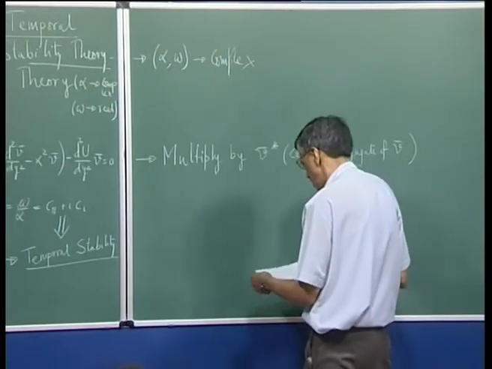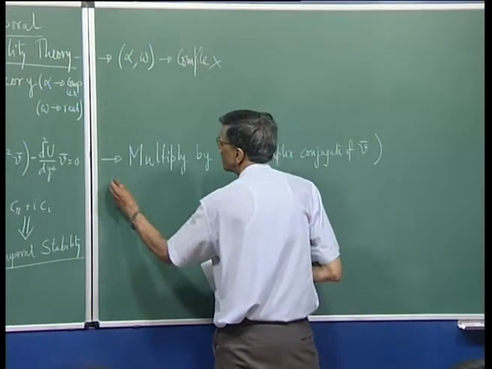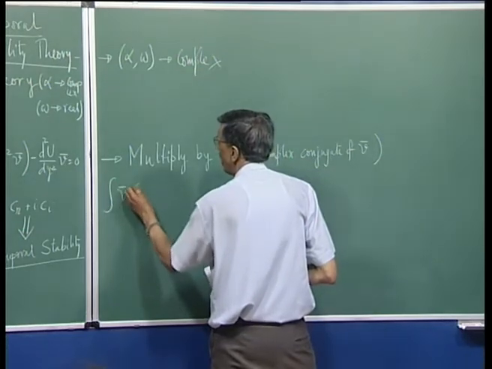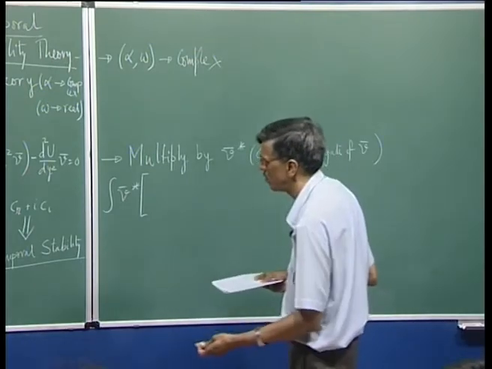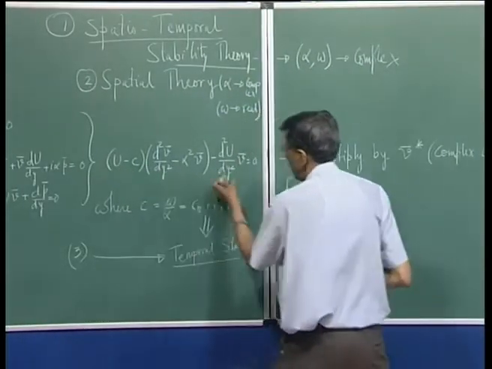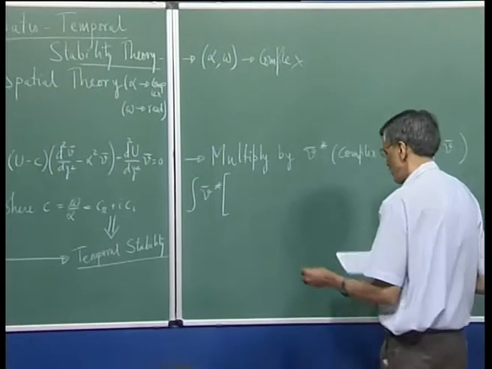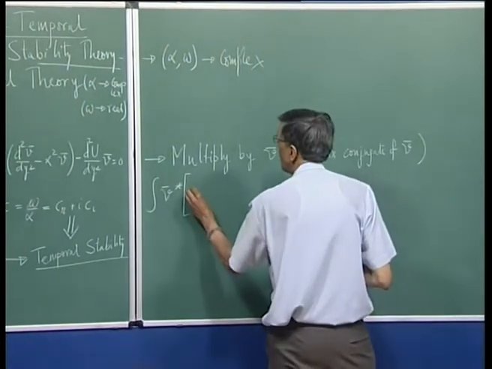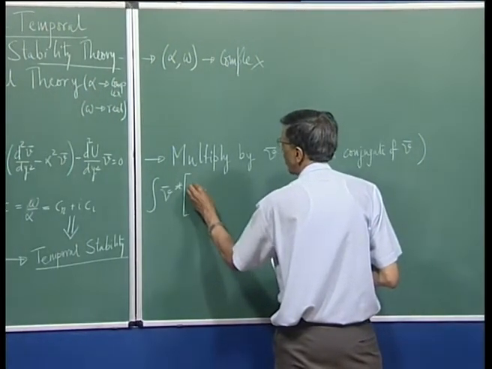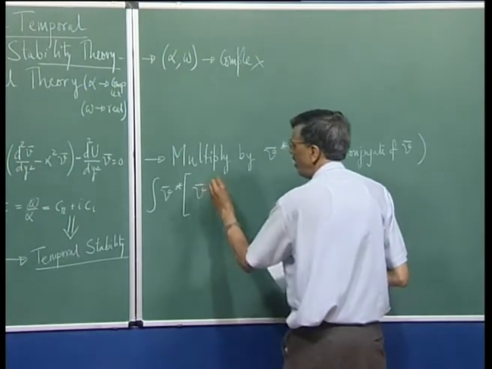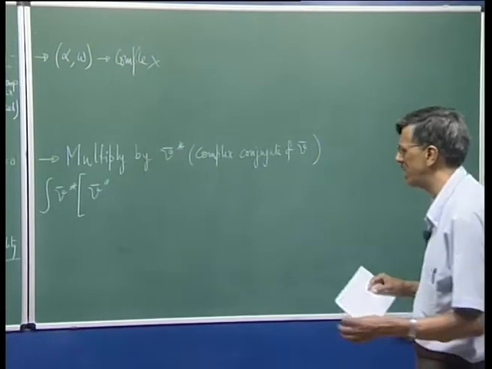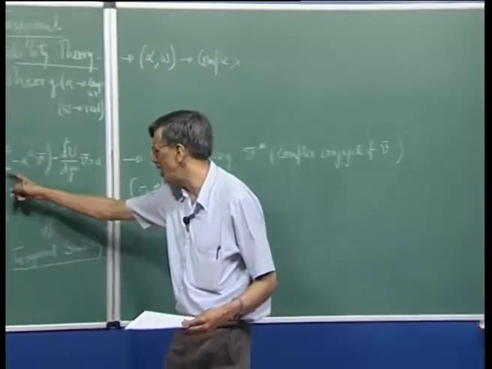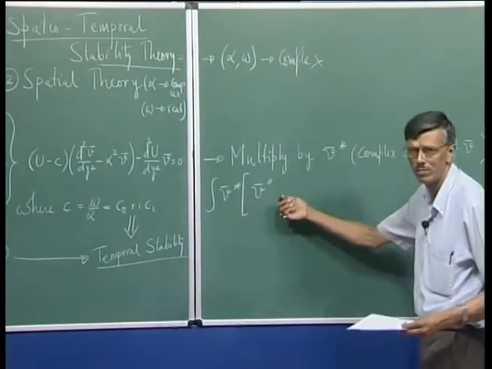So, basically we are investigating v bar star multiplied by, I will simply divide this equation by u minus c. Well, from now on, just for simplicity, I will introduce prime to indicate derivative, right. So, instead of writing d squared v by dy squared, I will simply write v bar double prime.